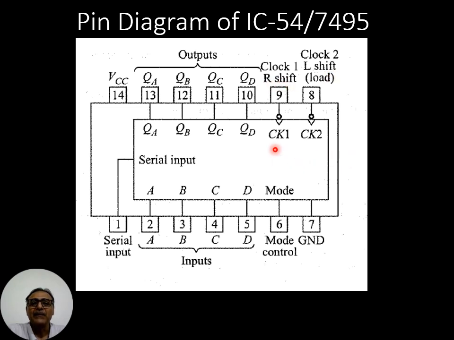You can see that these are active low, means during the transition of the clock pulse from plus to minus, the clock pulses will be applied to these pins. VCC is applied to pin number 14 and pin number 7 is connected to ground.